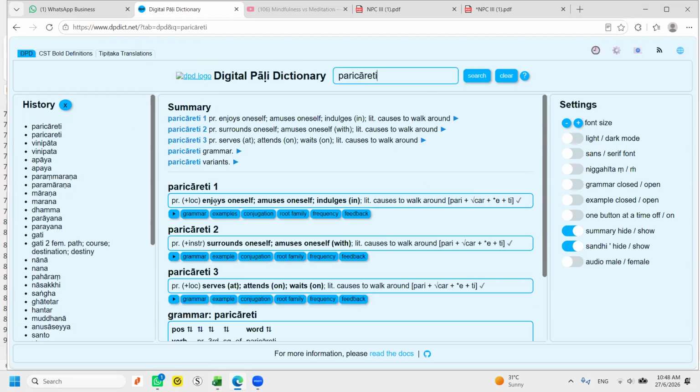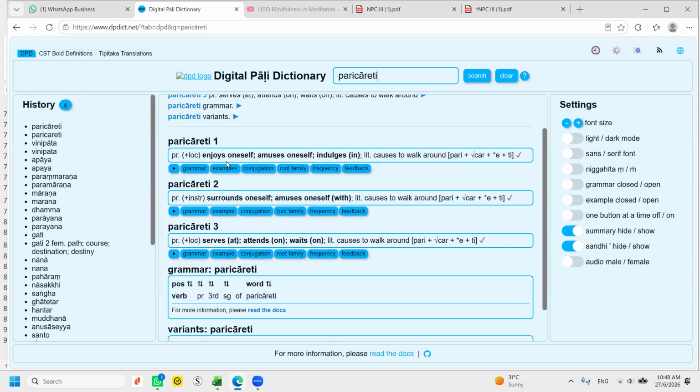Here, number one, there are three meanings: enjoy oneself, amuse oneself, indulge. We take one of these.